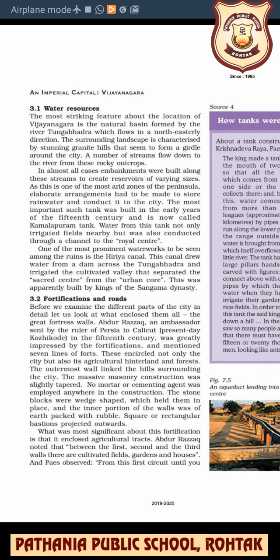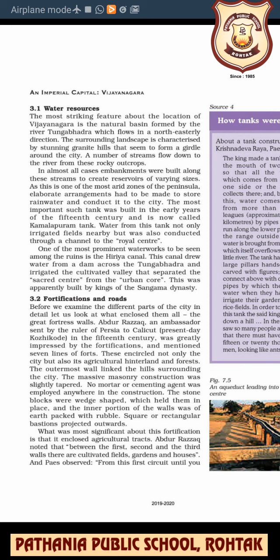It drew water from a dam across the Tungabhadra and irrigated the cultivated valley, and it separated the sacred center from the urban core. This canal was probably built by the kings of the Sangama dynasty. And do you know this Sangama dynasty? It was the first ruling dynasty of Vijayanagara. Harihara and Bukka were related to this Sangama dynasty.